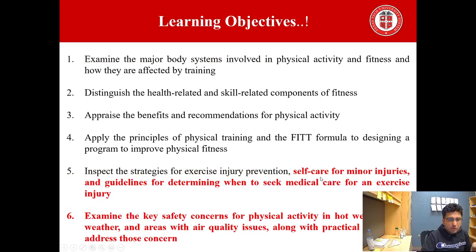We want to talk about self-care for some minor injuries and some of the red flag signs when you need to go to a doctor, or if it's an emergency then you want to call 911. And we'll talk about some of the safety concerns related to physical activity or exercise in extremely hot conditions, and here I'm going to talk about heat exhaustion, heat stroke, and during cold environmental conditions when we talk about hypothermia and frostbite. And very briefly at the end I'll just touch on the air quality issues.